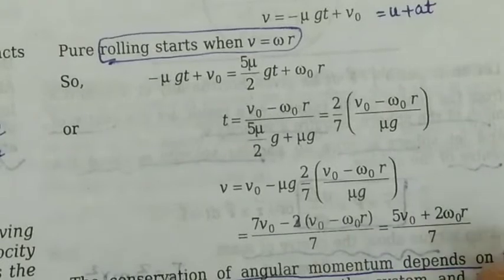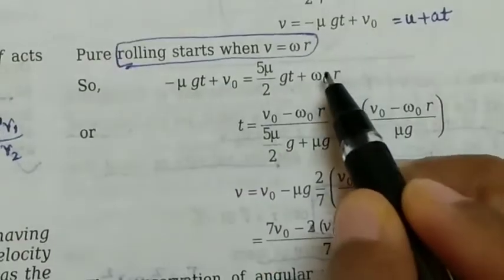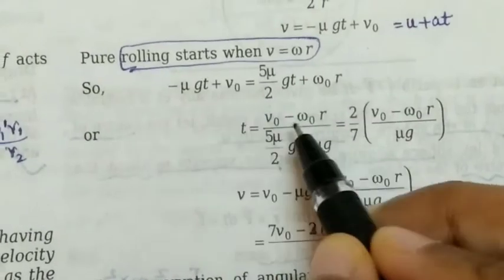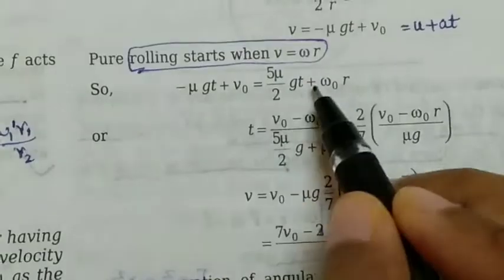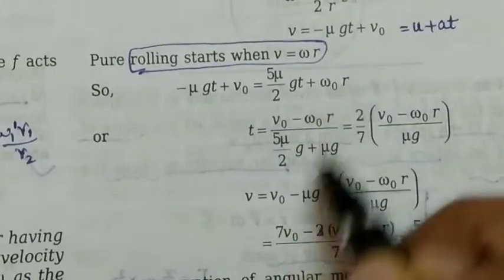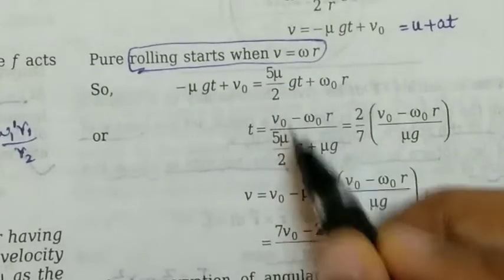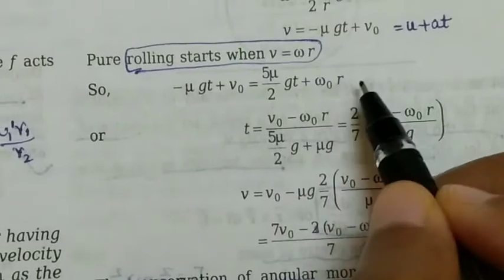And next thing is simplifying this. So v naught, and sending this omega naught r to this side, so v naught minus omega naught r, and sending all the t terms to one side. So here the t term is there, sending it to this side. If we take t common, we would have 5 mu g by 2 plus mu g into t.